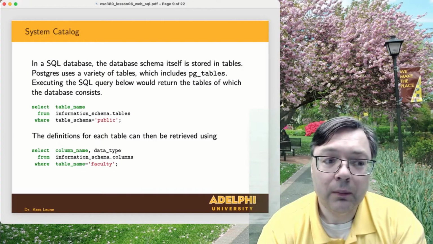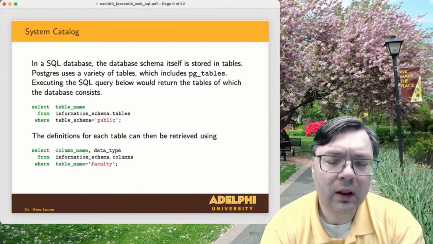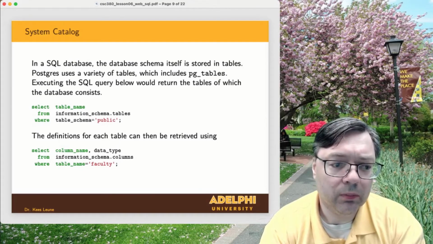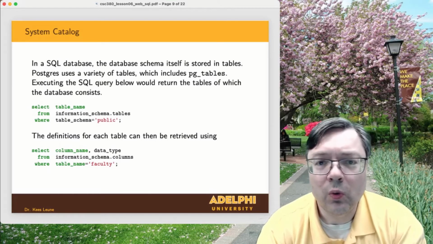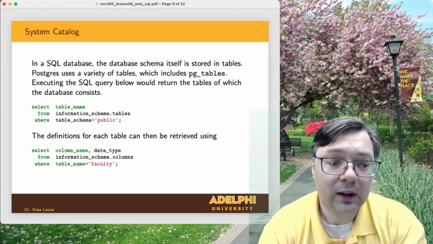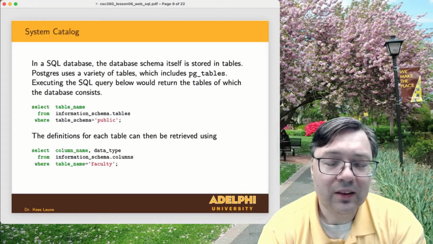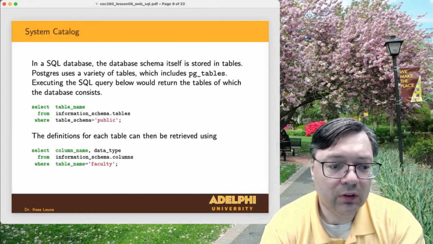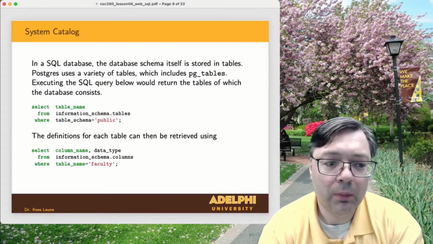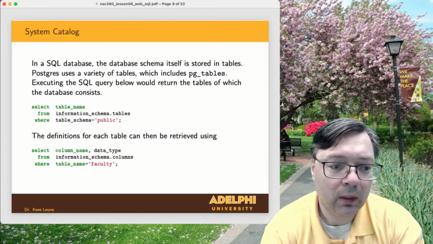For example, in a PostgreSQL database, all the tables are stored in a schema, in a table called information_schema.tables. So even if you don't know what a database looks like, as soon as you're able to do this kind of extension of the queries, you can start retrieving information about the database and then use that information to query it.